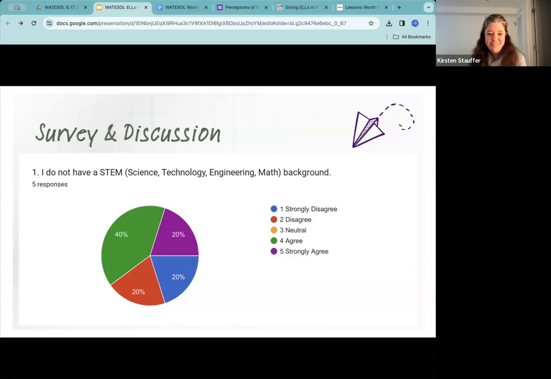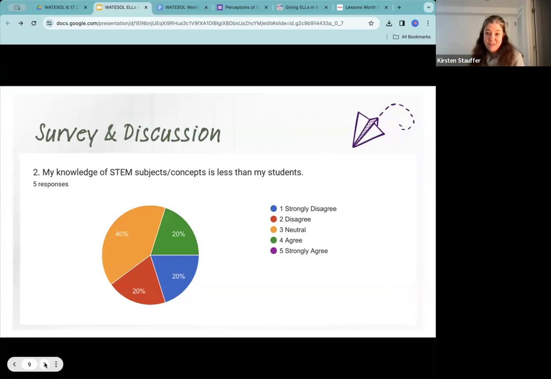All right, so let's take a look. The first one, we have quite a mix here with the responses. One does have a strong background, which is fantastic. Our own personal backgrounds can help shape how we teach and what we teach as well. And this one too, that the students know more in a lot of cases.